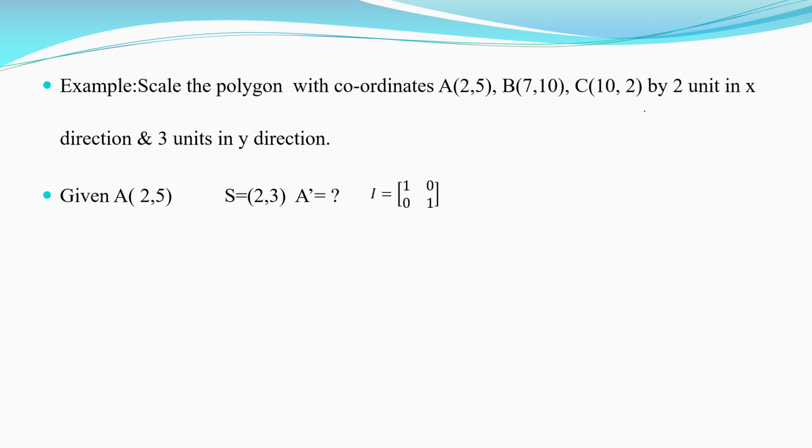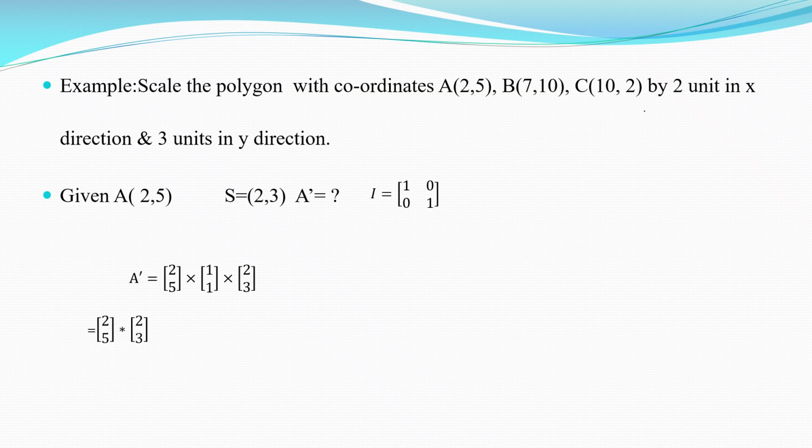Then what is A dash? A dash is the changed one, and the original A is given as 2 comma 5. We multiply with the identity matrix and with the scaling of x and y. It is 2D, that is why we take two parameters, the x and y coordinates. So we take 2, 5 with the identity matrix and multiply with the scaling parameters.